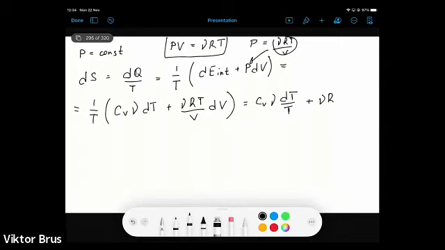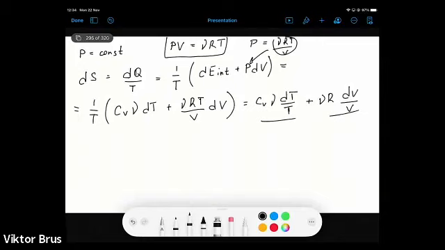Nu times R times dV over V. So here we have two terms which define the change of entropy. One responsible for change in temperature, another for change in volume.